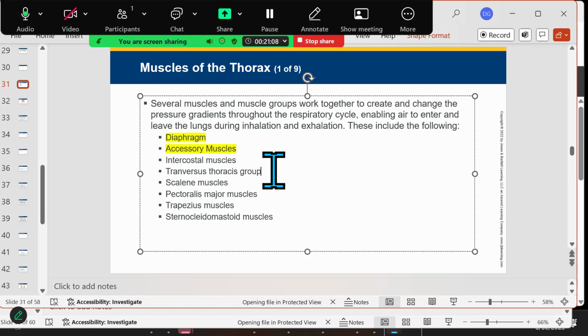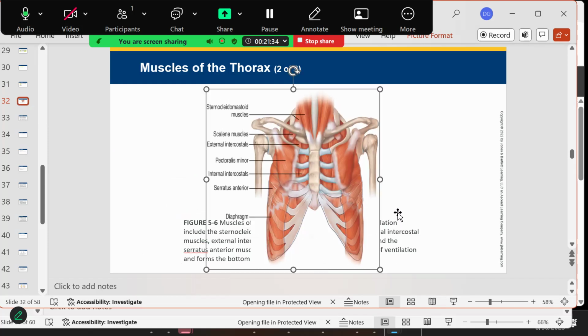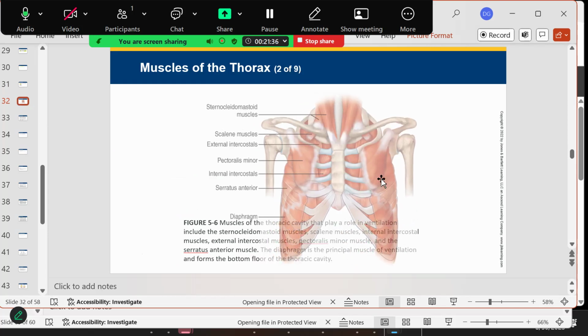Intercostals, transverse thoracis, scalene, pectoralis, trapezius, sternocleidomastoid, that's the strap muscle in the neck. So all of those can be involved, and that can be a sign of distress. If the patient is using a lot of accessory muscles, that could very well mean that they are in respiratory distress. Normal, quiet breathing, mostly done with the diaphragm.